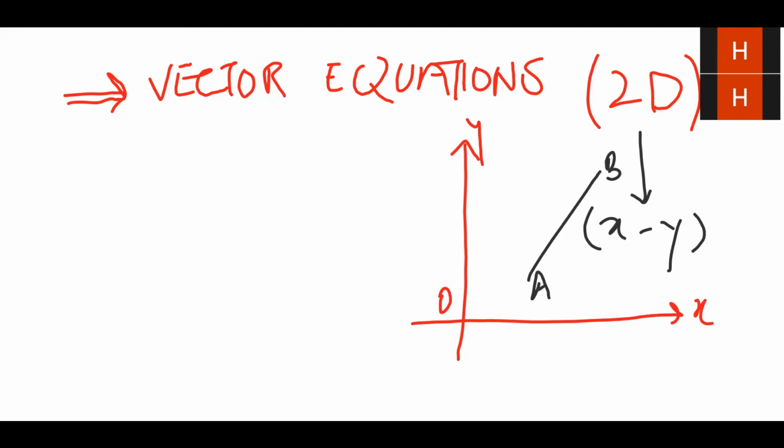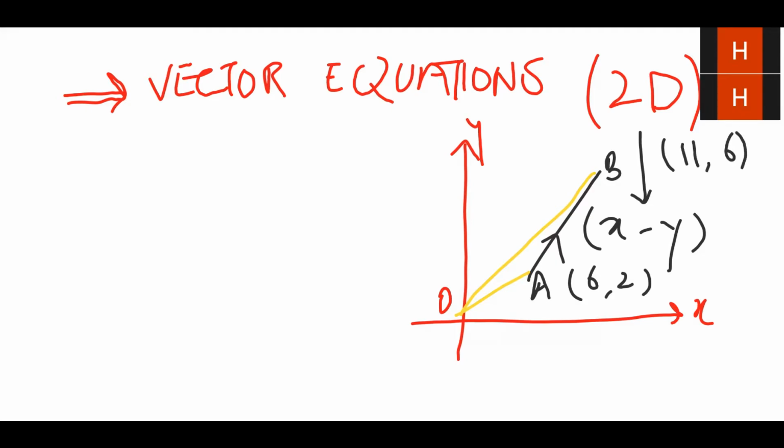It's going to have position vectors from O to A and from O to B. So this vector AB comes from two vectors, OA and OB. Let's say my A has coordinates 6, 2, and my B has coordinates 11, 6.